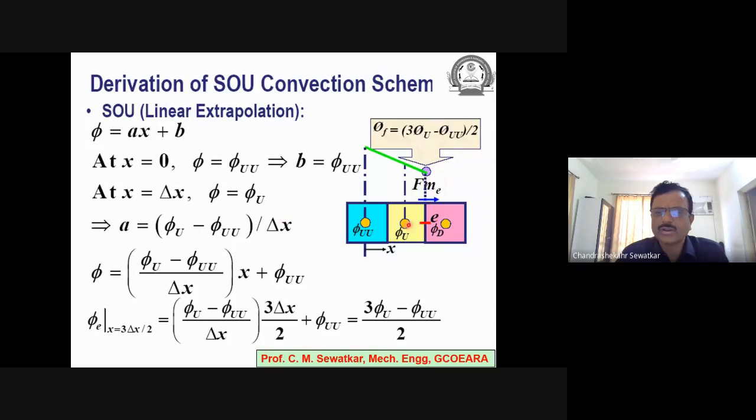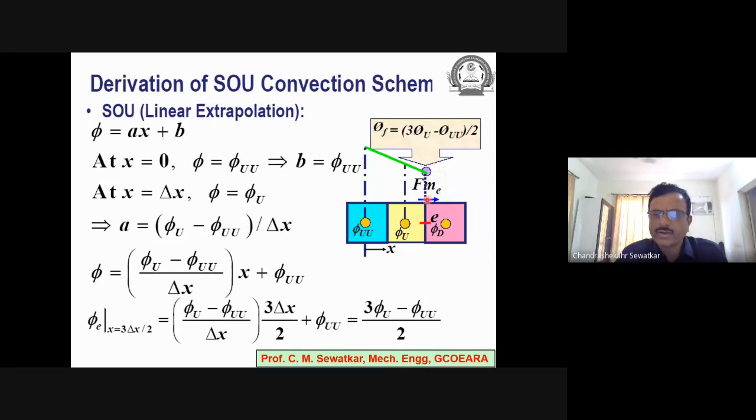At x equal to delta x, I have phi equal to phi u. So that gives me a equal to phi u minus phi uu upon delta x. If I put this value of a and b in the expression here, I obtain the expression for phi as phi u minus phi uu upon delta x into x plus phi uu.